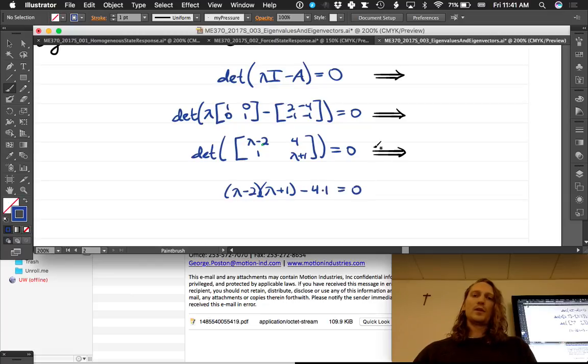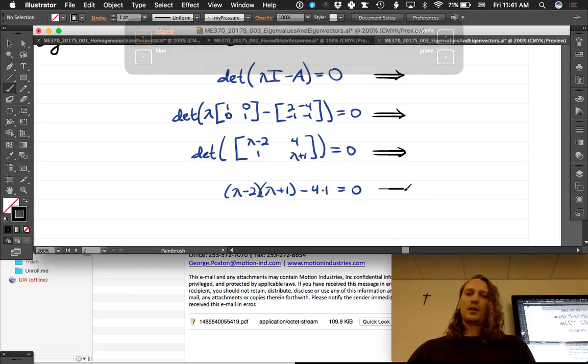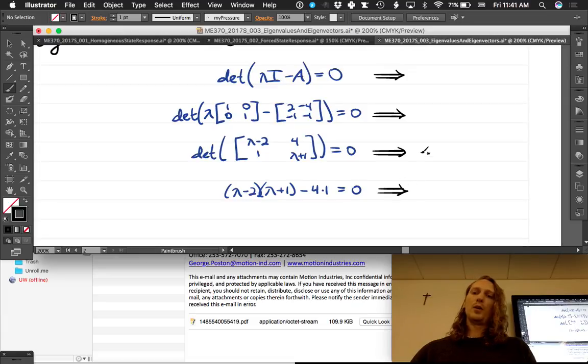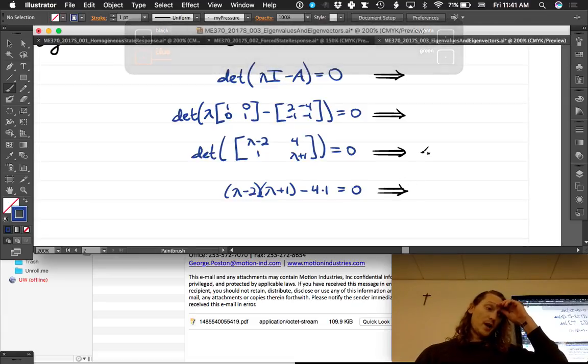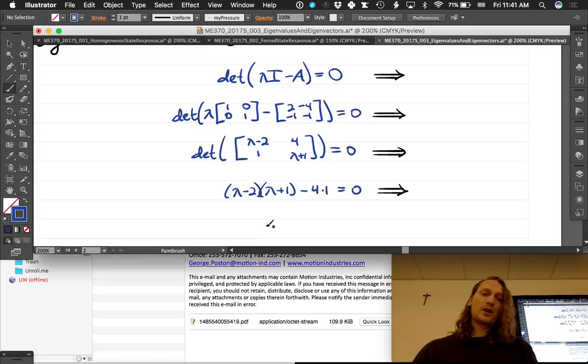That has to equal 0. And lo and behold, we have our characteristic equation written in a nice polynomial form. Lambda squared minus lambda minus 6 equals 0.